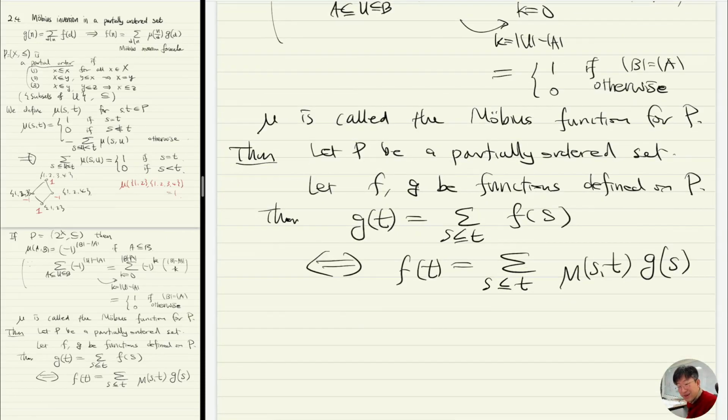So these two are equivalent for all T in P. That's the Mobius inversion formula for a partially ordered set.